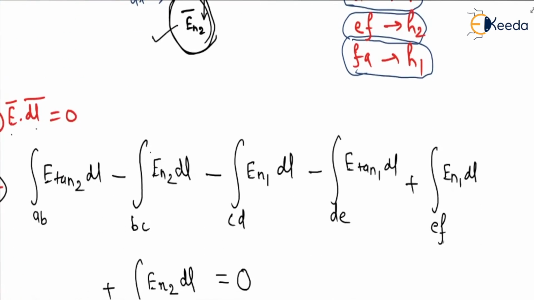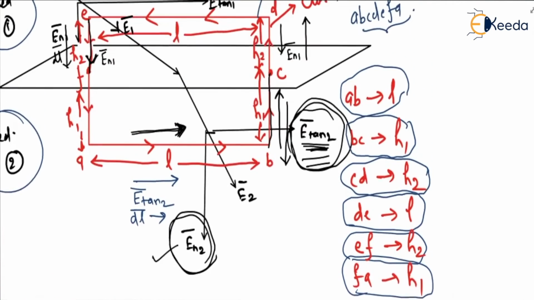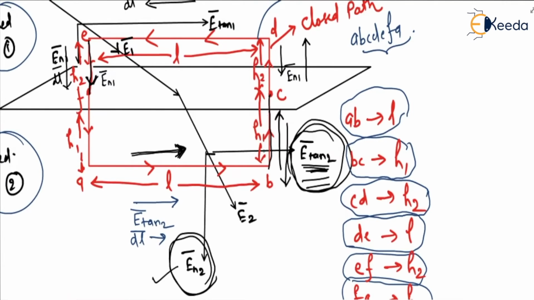Now for the second, the BC path, we will take En2 dl. For the CD path we will take minus En1 dl. Why are we taking a minus sign here? Because the direction is opposite. Here En2 direction is downward, but BC direction is upward, so that's why we are taking the minus sign.